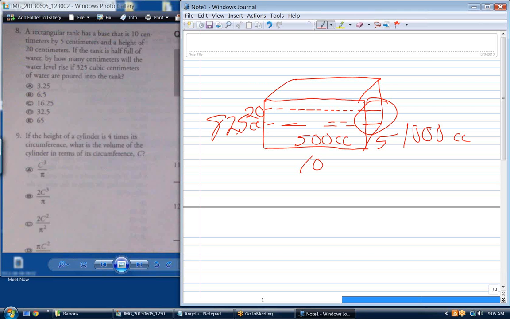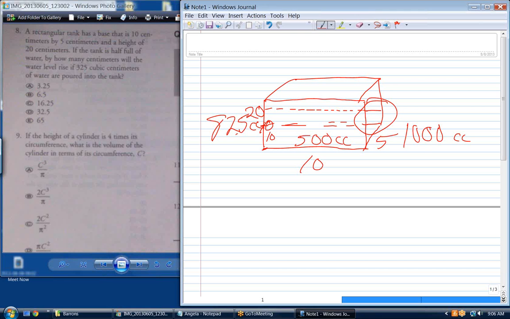Oh, okay. In other words, this level here is 10 centimeters up from the bottom. From there to there is 10. And they want to know how much it rises when you add 325 cubic centimeters to it. You know what? I'm not quite sure how to figure that one out.